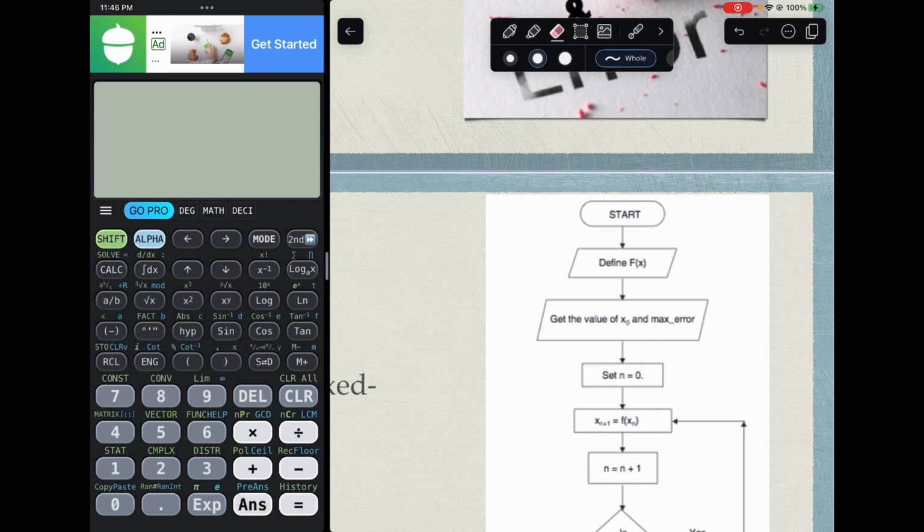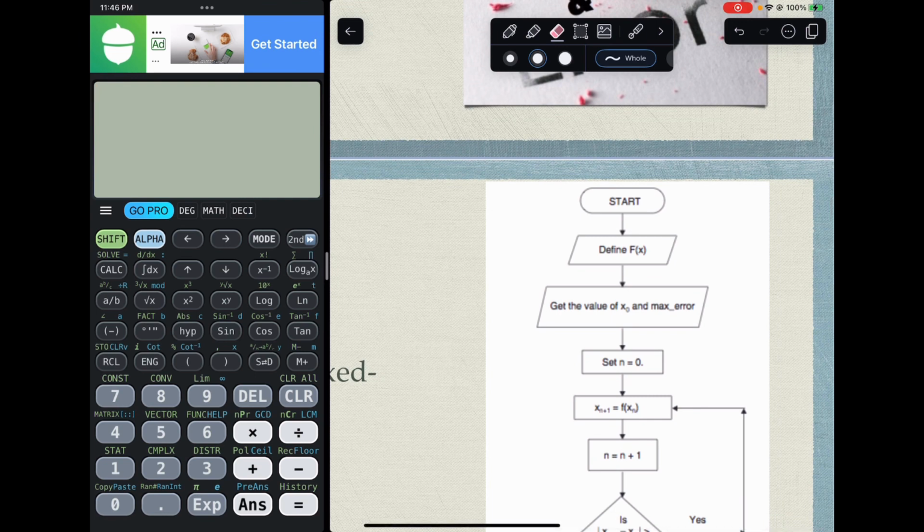After setting n equals 0, that is where we're going to get the x sub n plus 1, which is the next value for x. The next value of x can be taken by substituting the previous value of x to the given function.